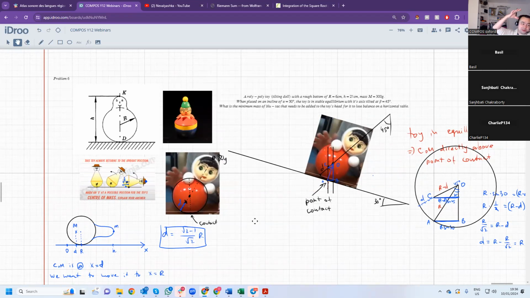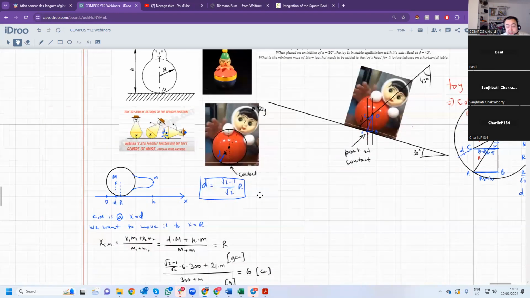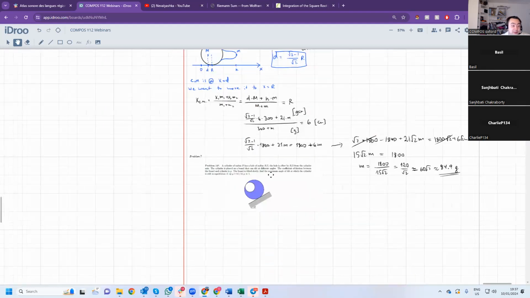First, we talk about the center of mass of the toy and why it doesn't topple over, and then we tilt it, and it tilts further, and by finding that tilt, we can find the center of mass. And if we find the center of mass, we can find how much blue tack we can put at the top for it to become unstable.